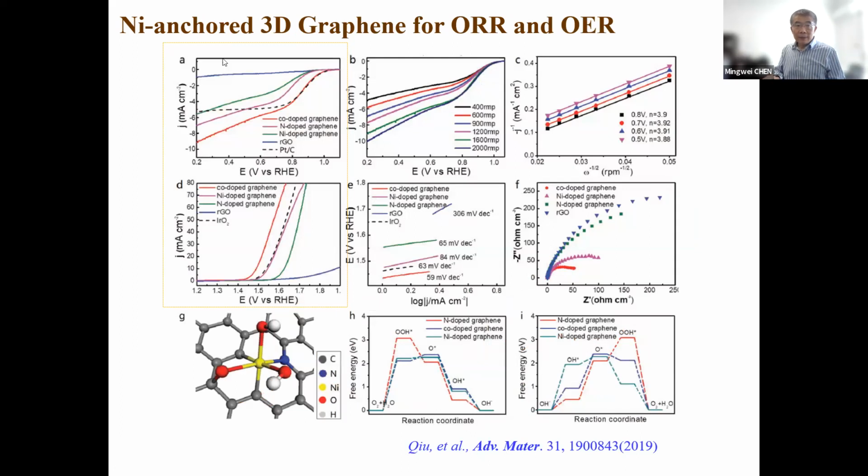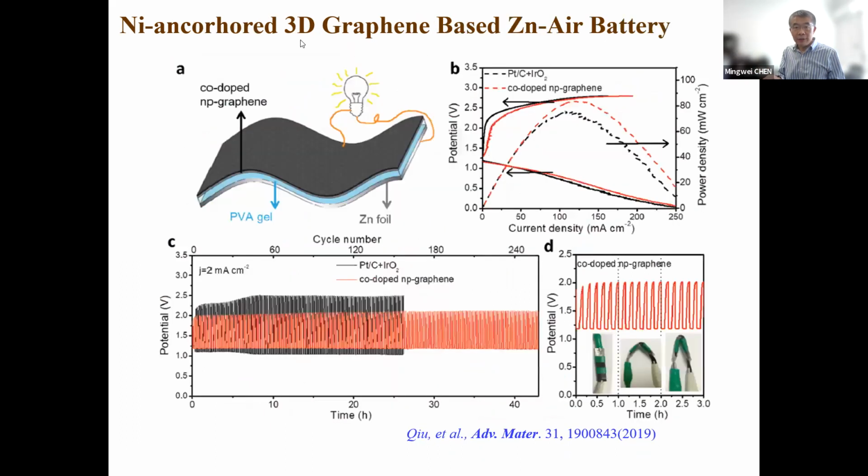With the single atoms loaded into the 3D graphene, and with chemically doped graphene, the graphene goes from inert to showing ORR, OER, and HER properties, particularly for the ORR and the OER. We know that if you have a bifunctional catalyst that can do both ORR and OER, naturally this material is going to be good for metal-air batteries.